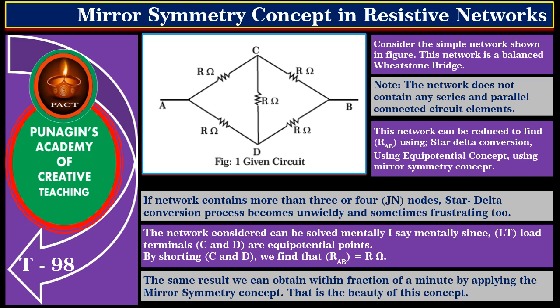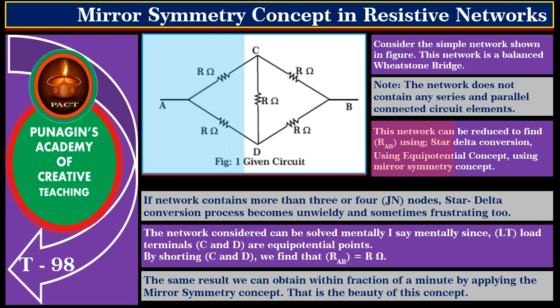Friends, to introduce the mirror symmetry, let us start the discussion from the known to unknown. Consider the simple network shown in figure. This network is a balanced keystone bridge, as you know. Note the network does not contain any series and parallel connected circuit elements.